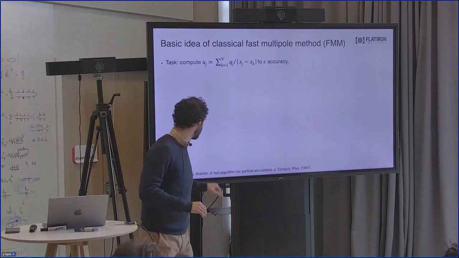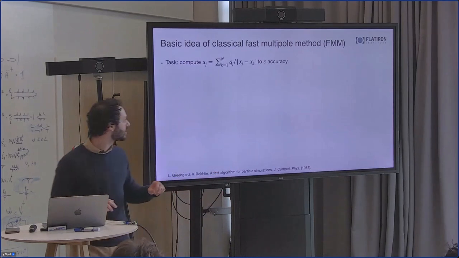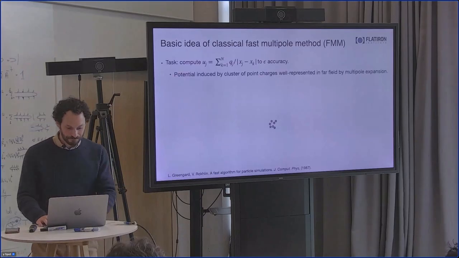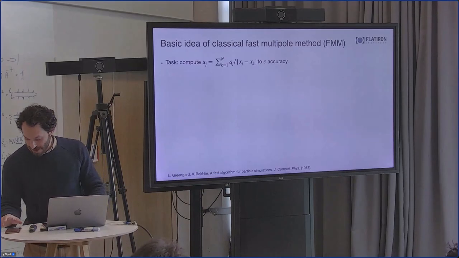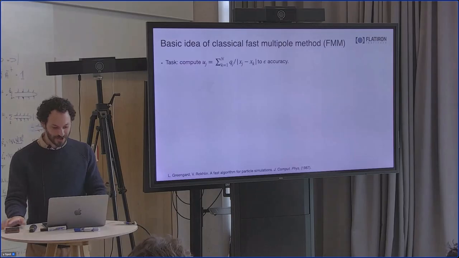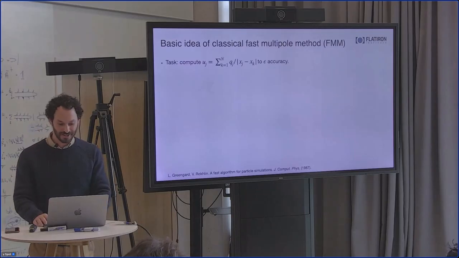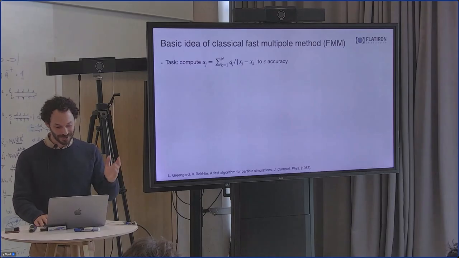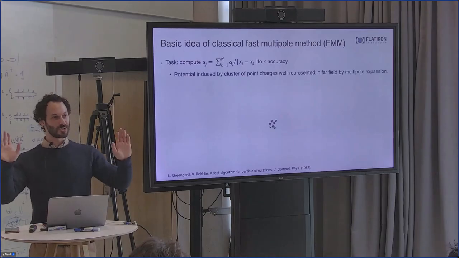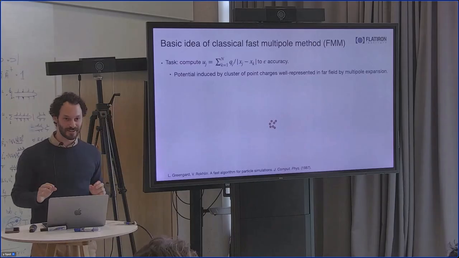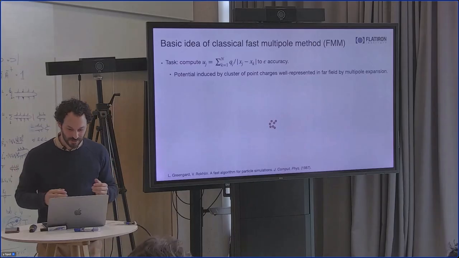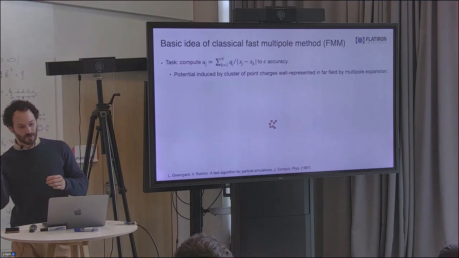This is an algorithm from Greengard and Rokhlin in 1987. In an earlier version of this talk, I actually had more slides explaining the fast multipole method, and then I cut it down. Oh well. But let me give you the basic ingredients that go into how you do this. Some facts.